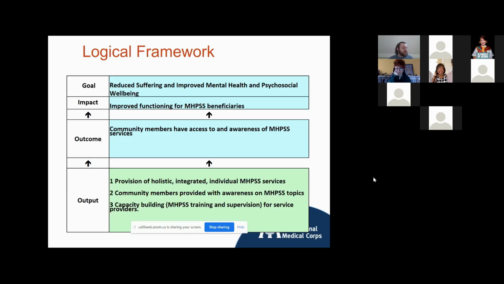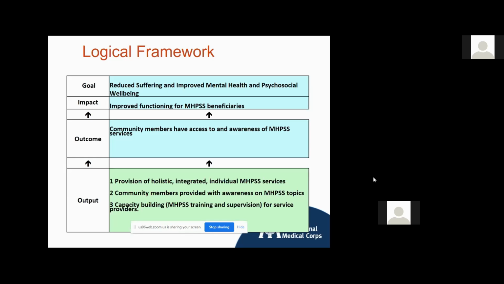In terms of measuring the impact, which is the next section, of our services, as you'll see from the M&E framework, there are many ways to measure impact. There are many different methods and tools that can be used. Some of them relate to more specific types of services or activities that are being provided.